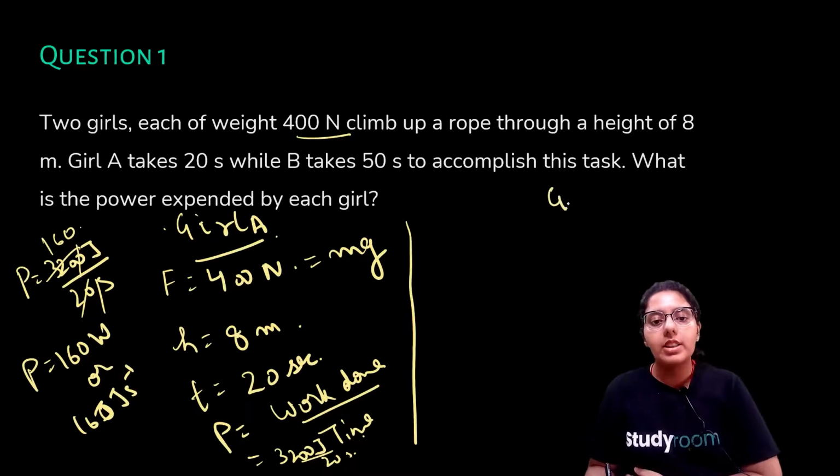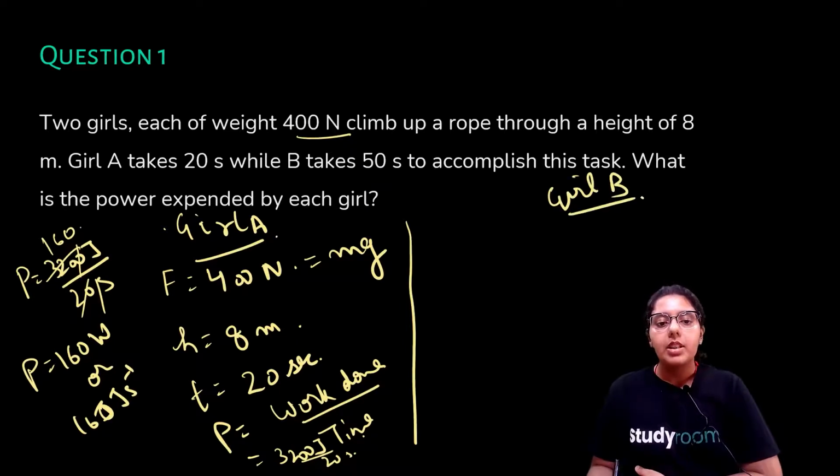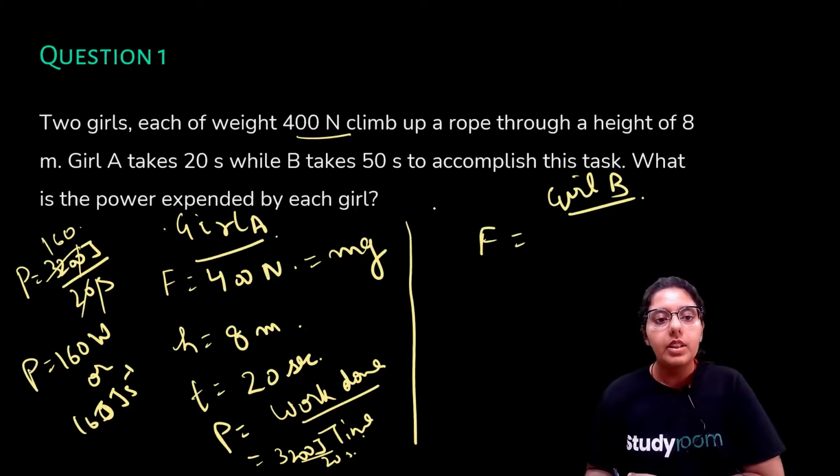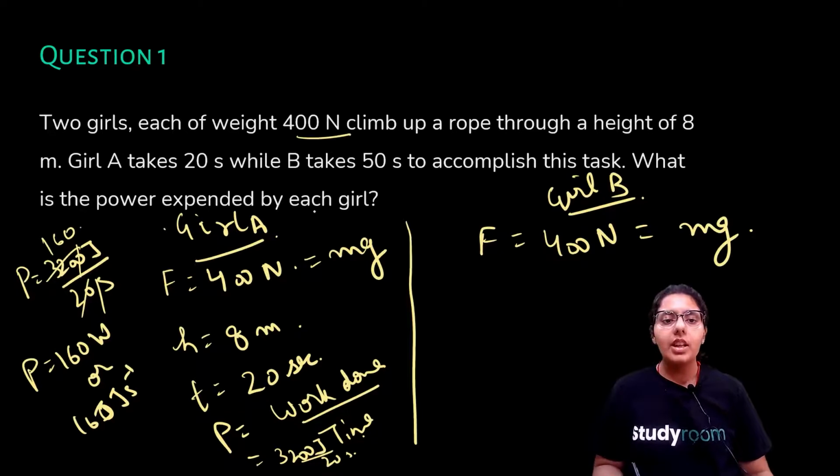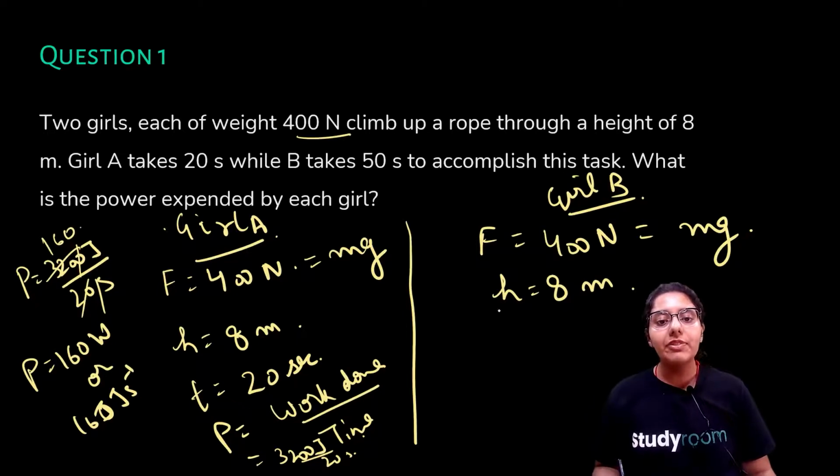Now let's calculate for girl B. How much is the force for girl B? Both are of weight 400 Newton. Force is 400 Newton, that is your mg, right? She also travels a height of 8 meters, h is 8, and she takes 50 seconds. Now your time taken is more. What is your power?